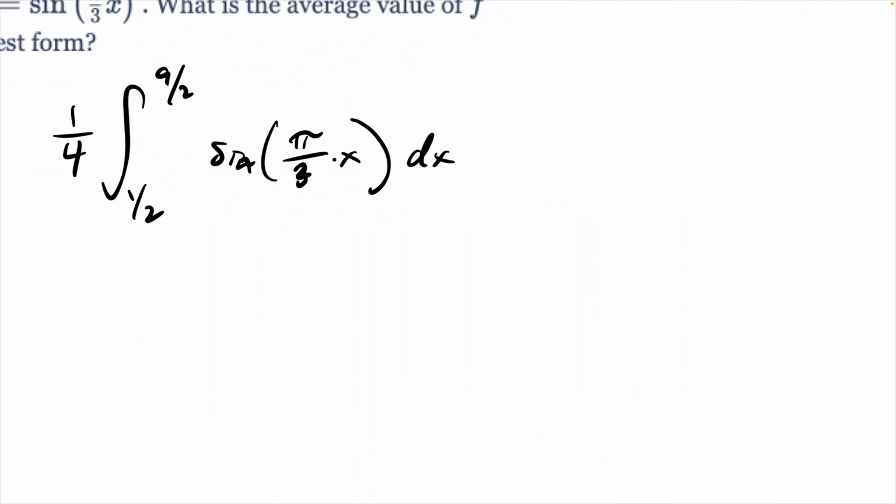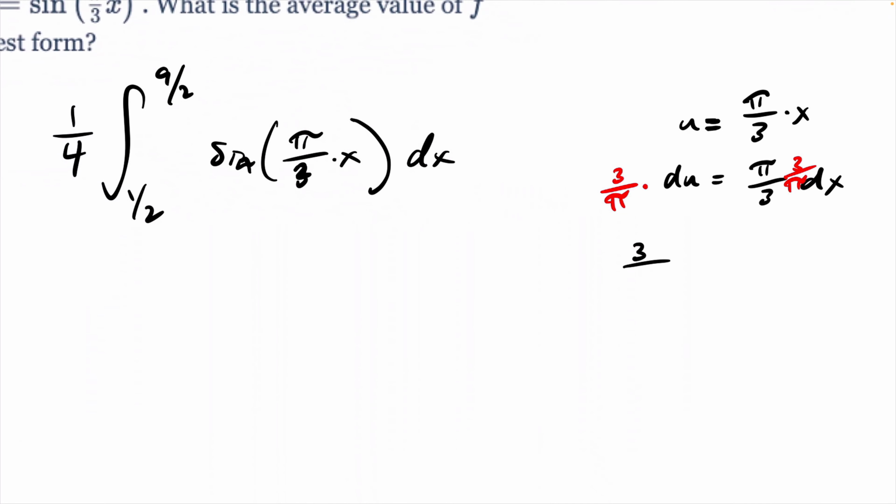Okay. So U is going to be the inside, pi over 3 times x. The derivative is just pi over 3 dx. Instead of dividing by pi over 3, I'm going to multiply times the reciprocal. So I get 3 over pi times du equals dx.